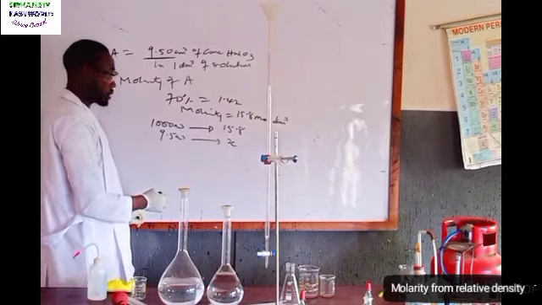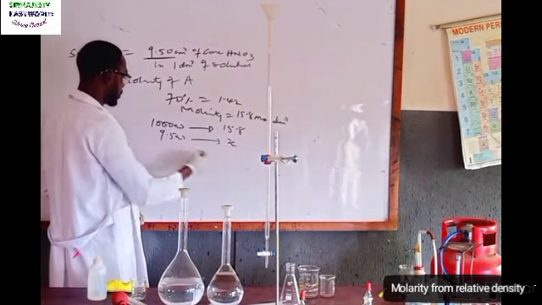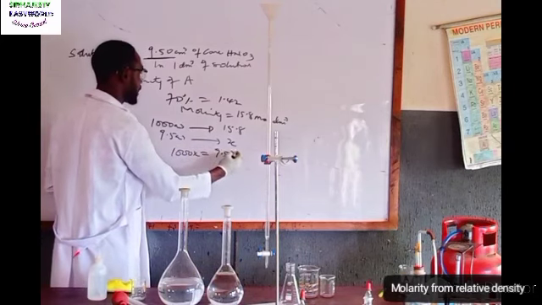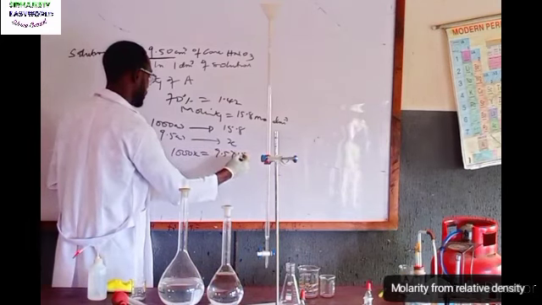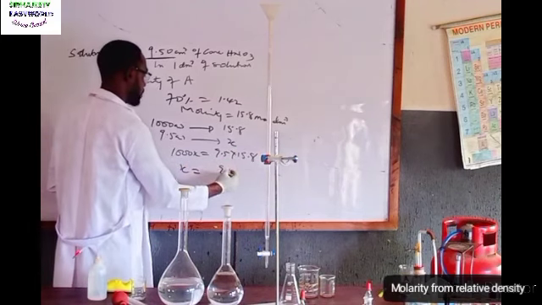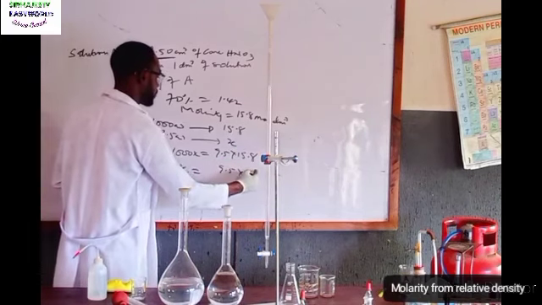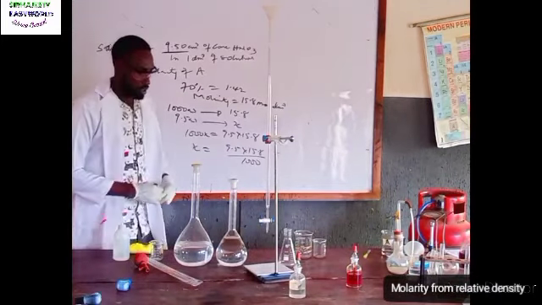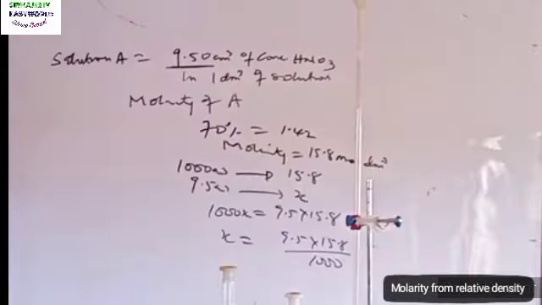So what you do, you cross multiply such that 1000X is equal to 9.5 times 15.8. At the end, X alone is equal to 9.5 times 15.8 all over 1000.